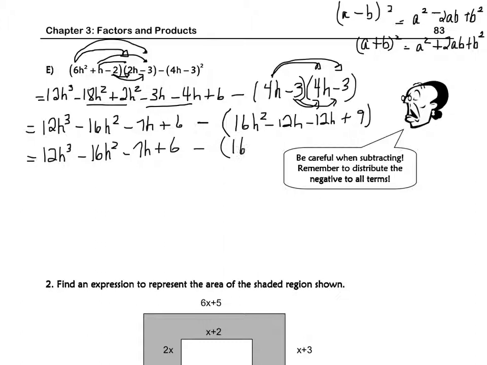I get 16h squared, I get minus 24h plus 9, which is the square: 16h squared is the square of 4h, 9 is the square of negative 3, and then minus twice the product of 4h and 3 is minus 24h. So that little rule works.